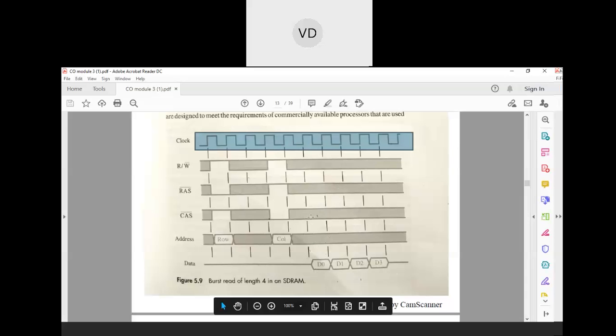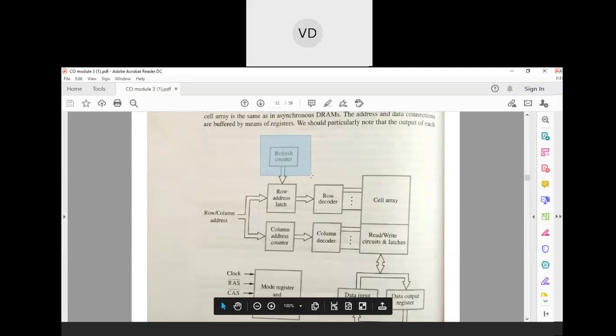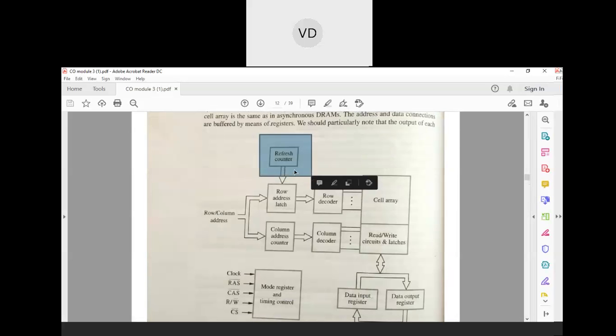Once you use that row address and column address, that complete row is refreshed. How is it refreshed? By using a refresh counter. We have a refresh circuitry which contains a refresh counter.